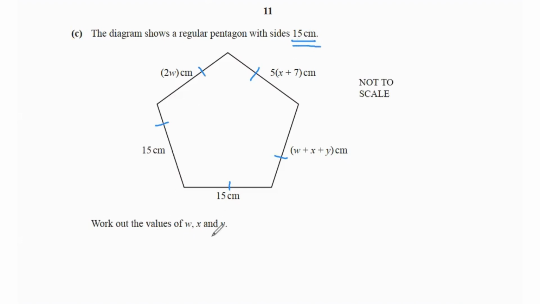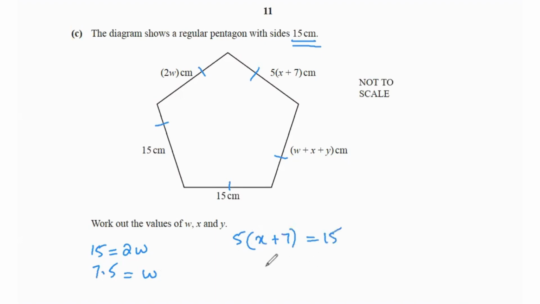So to find the value of W, X, and Y, you will put each of these lengths equal to 15. So let's start with W. 15 equals 2W, so 7.5. 7.5 equals W.